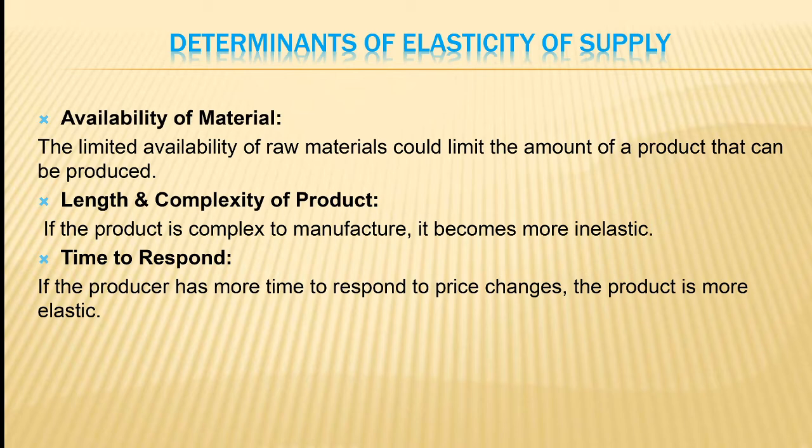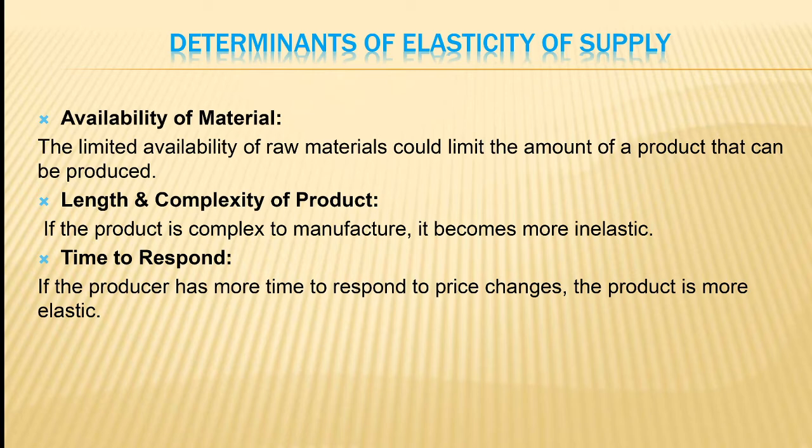Mostly for all products in a particular year, there will be some demand, and the price will also be increasing. Then length and complexity: if the product is complex to manufacture, it becomes more inelastic, because of the lengthy manufacturing process.